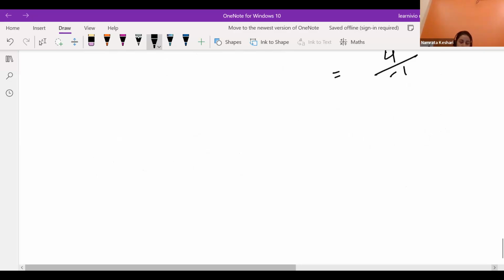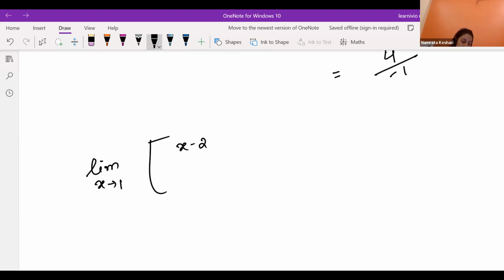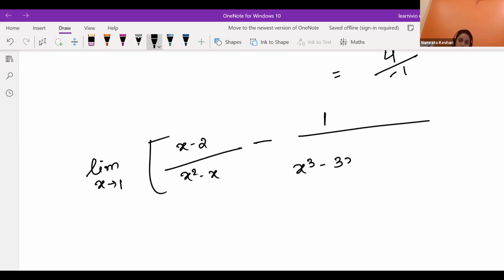Okay, let's do a few more questions. Suppose we have the limit as x tends to 1 of x minus 2 over x square minus x, minus 1 over x cube minus 3x square plus 2x.